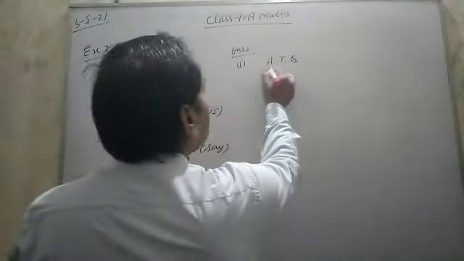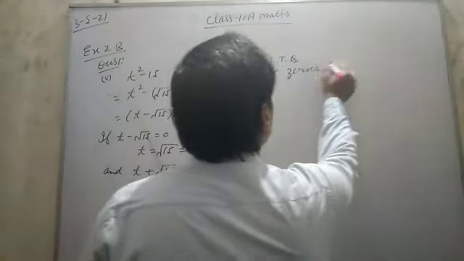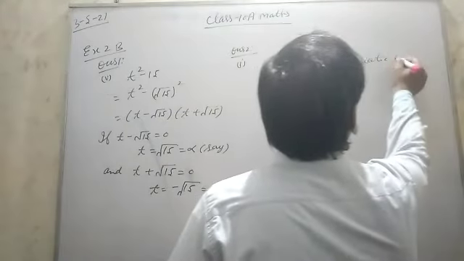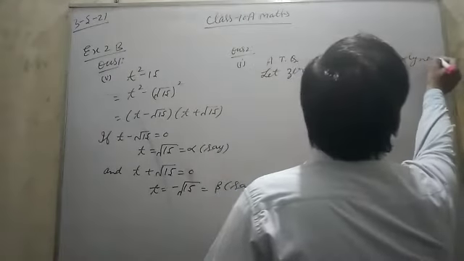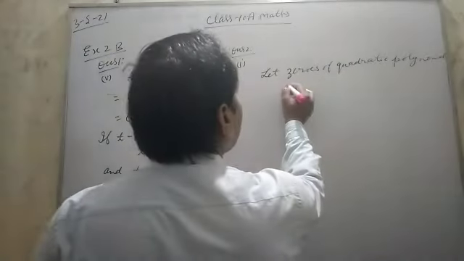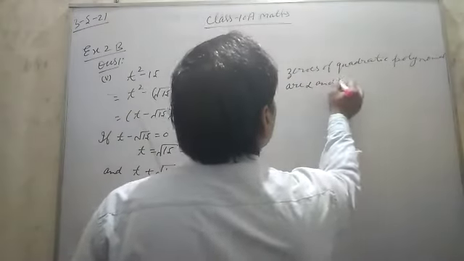So suppose let zeros of quadratic polynomial are alpha and beta.